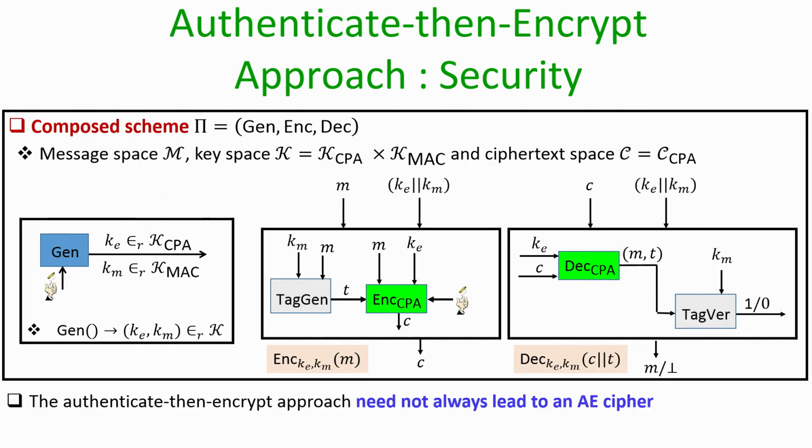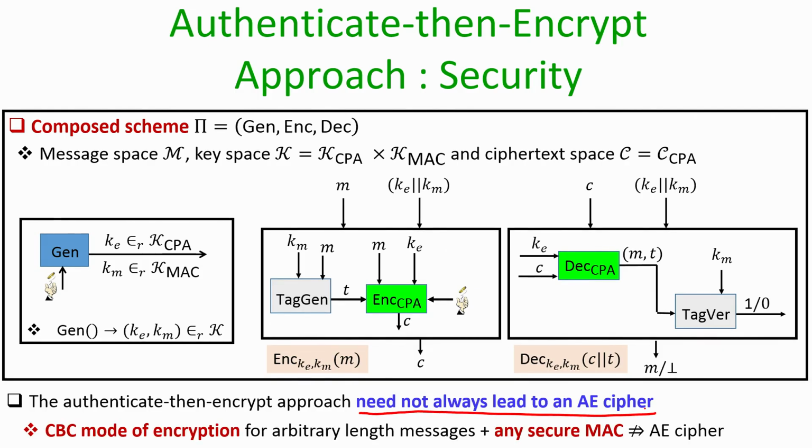And it turns out that the answer is no. This approach need not always guarantee you an authenticated encryption cipher. In fact, what we are now going to show is that the CBC mode of encryption for encrypting arbitrary long messages, when composed with any secure MAC as per this Authenticate-then-Encrypt approach, need not give you an authenticated encryption cipher.